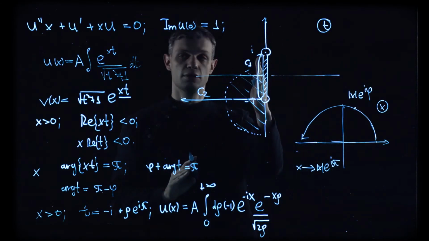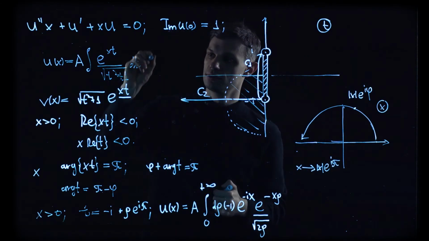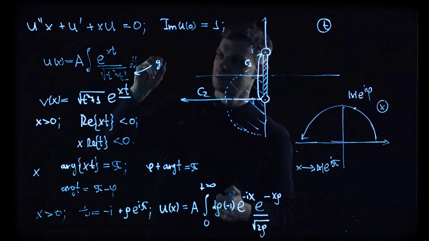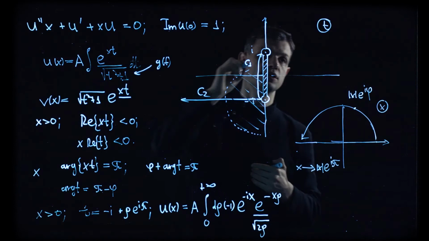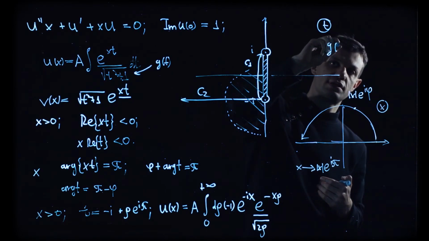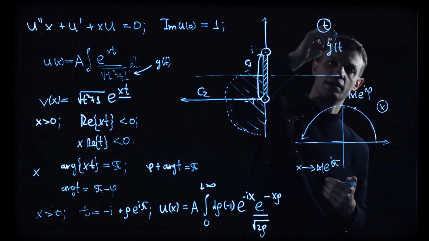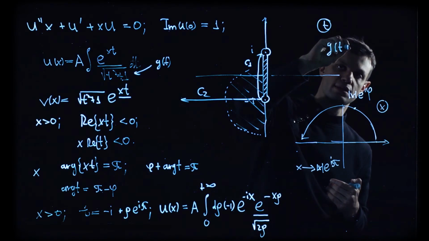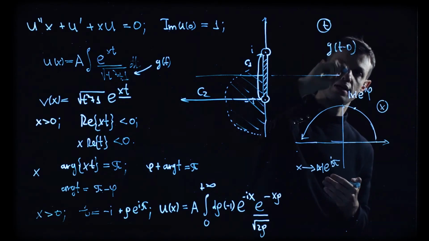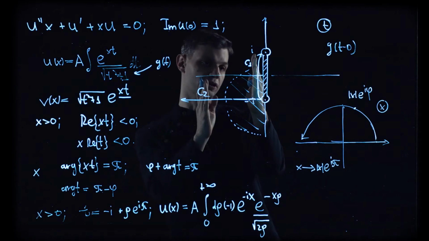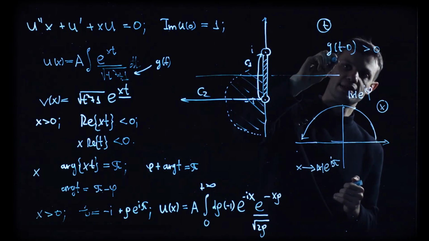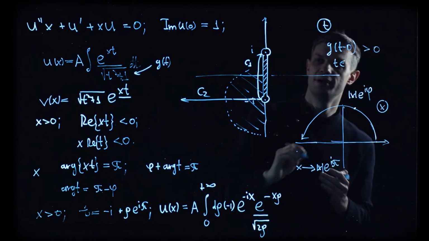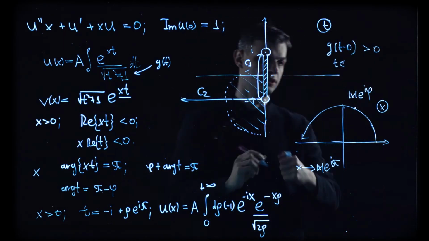We spent some time evaluating the correct phase, so let's do this again. Our multivalued function g of t is defined in such a way that on the left bank of our branch cut, it is positive when t belongs to the segment from minus i to i.